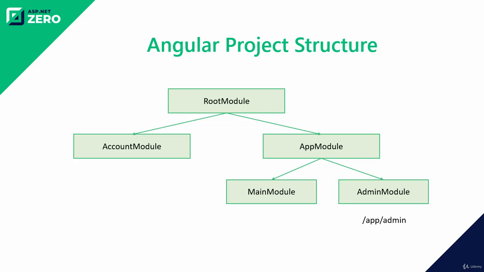Modules will typically be accessible through a route, for example, /app/admin for the admin module. As mentioned, Angular supports lazy loading of routes, meaning that only when the user browses to that part of the application, the related code will be loaded. That, of course, brings with it a faster startup time for the application.